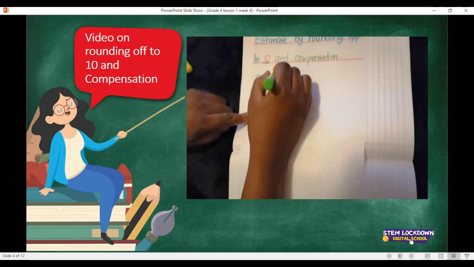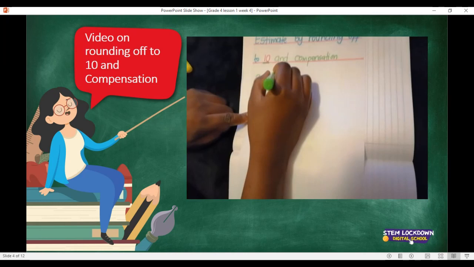So 145 plus 75, you choose which one you want to round off. And then we only round off one number. So let's choose 145. So we choose 145, and then we round off 145 to the nearest 10. The answer is 150.